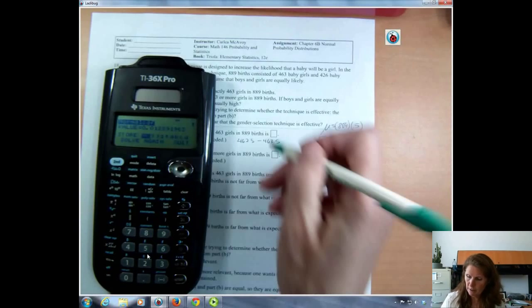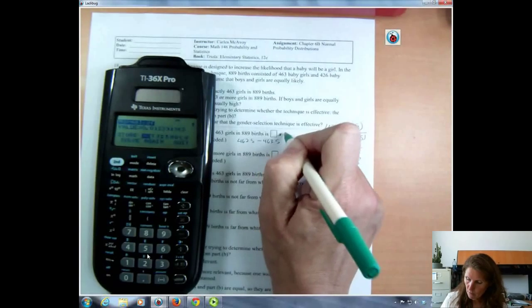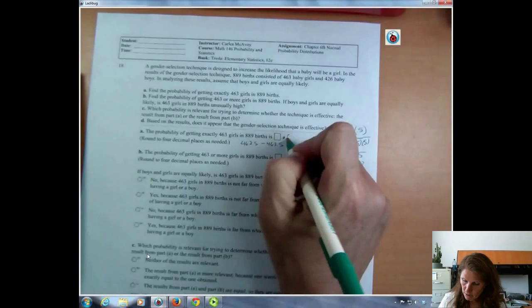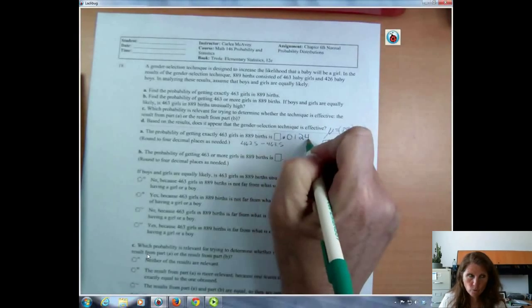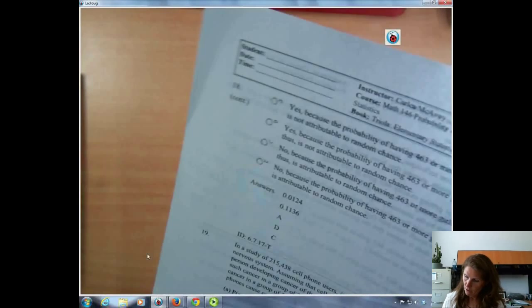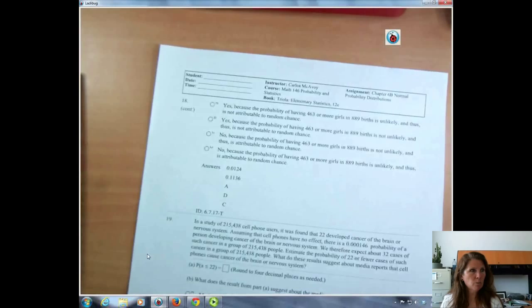And I'm getting 0.0124 as my answer. That's exactly. And that one actually matched 0.0124.